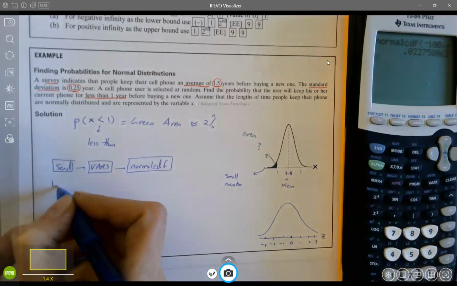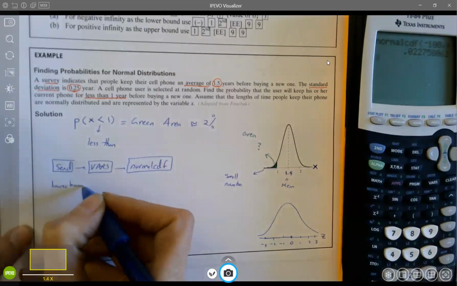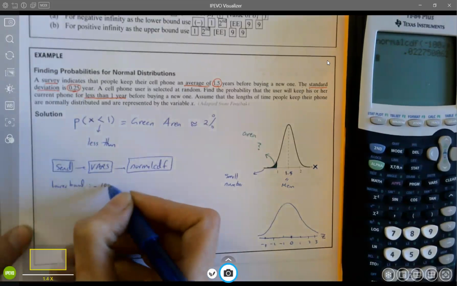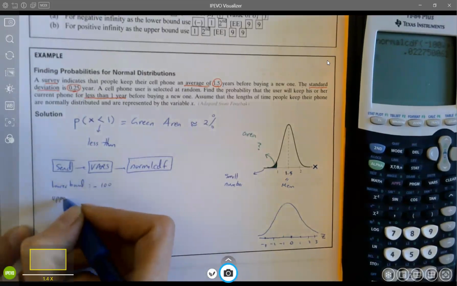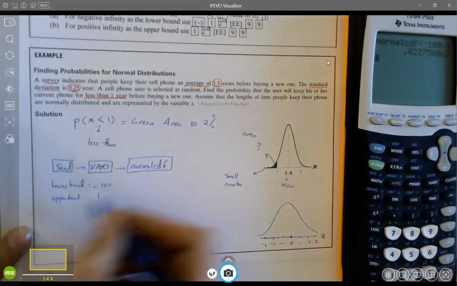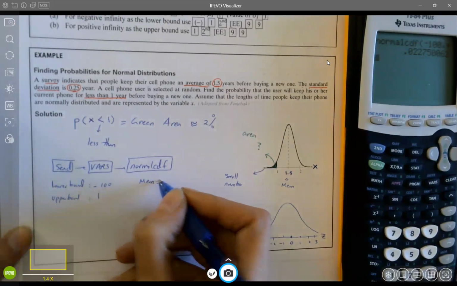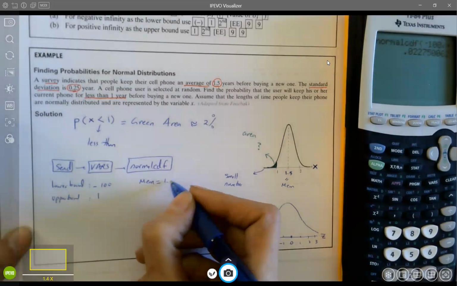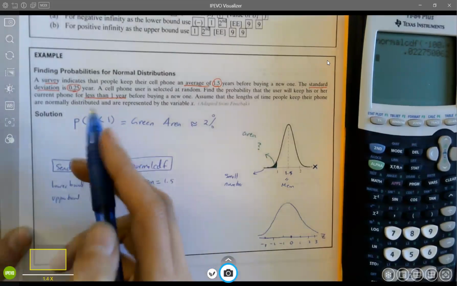So our lower bound, let's write these down: negative 100, negative 1,000. Our upper bound is 1, and the mean as given to us is 1.5 years, and the standard deviation is given to us as 0.25.